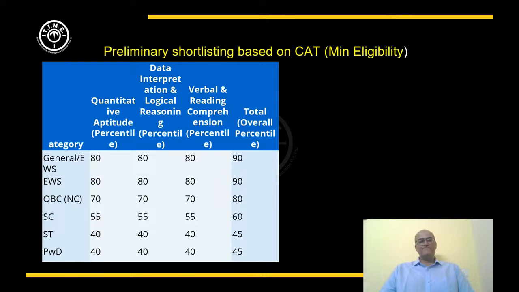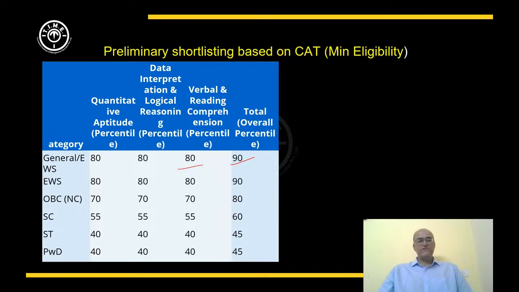Last year, this was the minimum required CAT percentile by IIM Indore. Again, I want to reiterate, this is the minimum eligibility requirement. This is not the actual percentile needed. In case of general and EWS, 90 overall and 80 in every section.